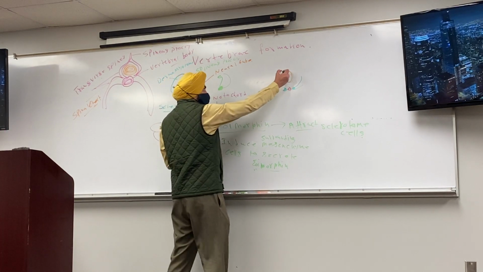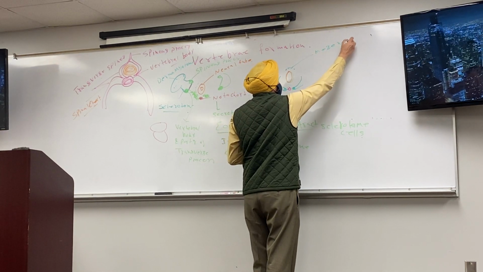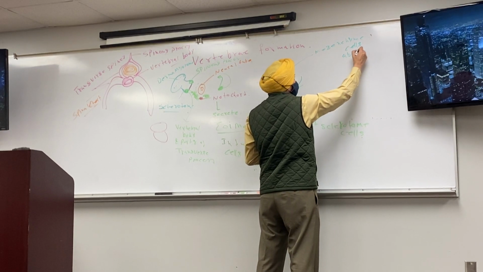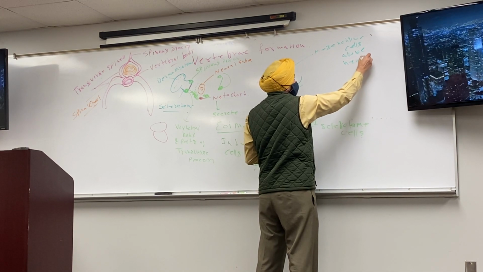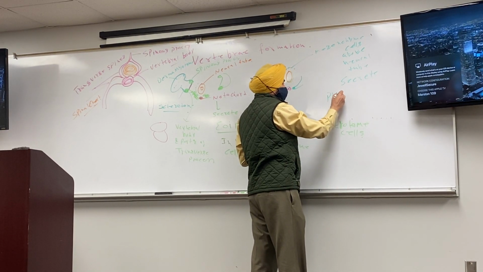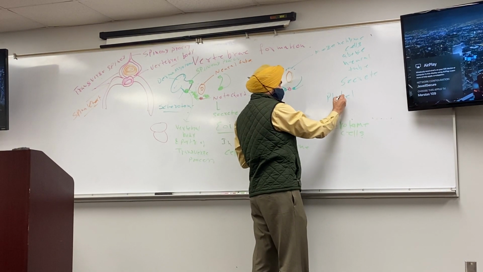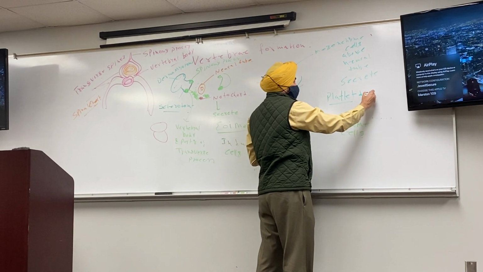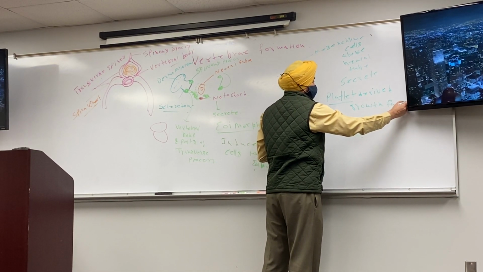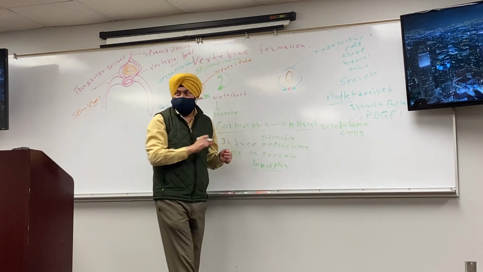The mesenchyme cells above the neural tube secrete platelet derived growth factor, called PDGF. So these cells start secreting PDGF, okay?